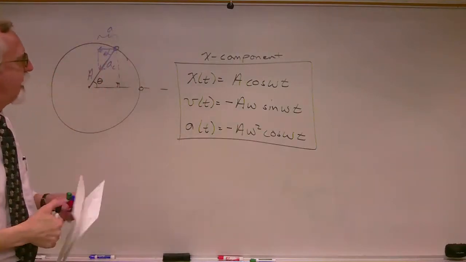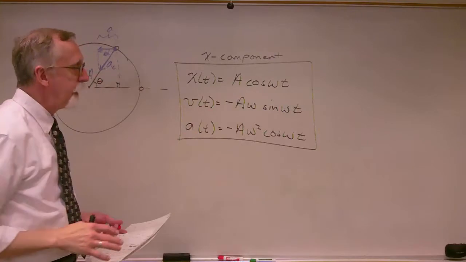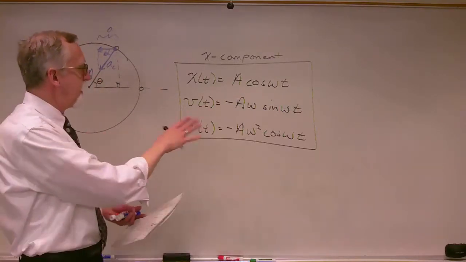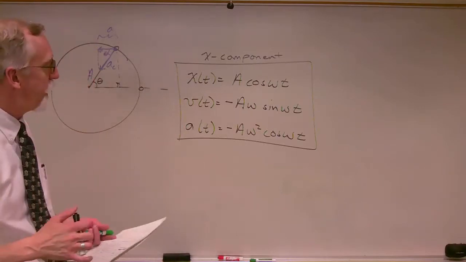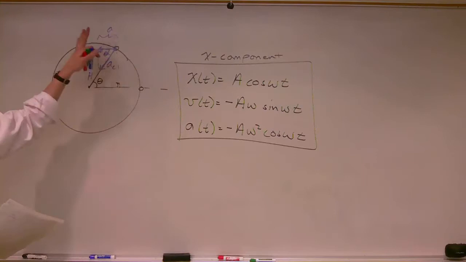So what we have is x is equal to a cos omega t, v is equal to minus a omega sine omega t, and a of t is equal to minus a omega squared cos omega t. Now, remember, this is for uniform circular motion.